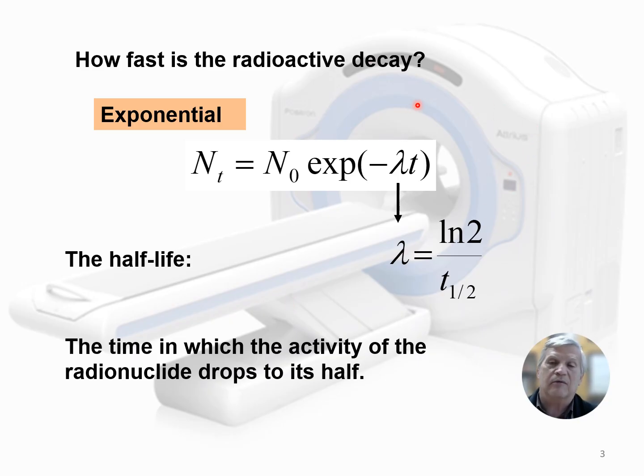If you use a radionuclide in medical practice, then you are not interested in a long-lived isotope, because if it has a long half-life, then you will expose your patient to radioactivity for a too long time. So you need this radioactivity only for the duration of the medical treatment. That means maybe half an hour, 1 hour, or something like that. So the preferred half-life for radioisotopes used in medical practice is maybe a few hours or a few days.